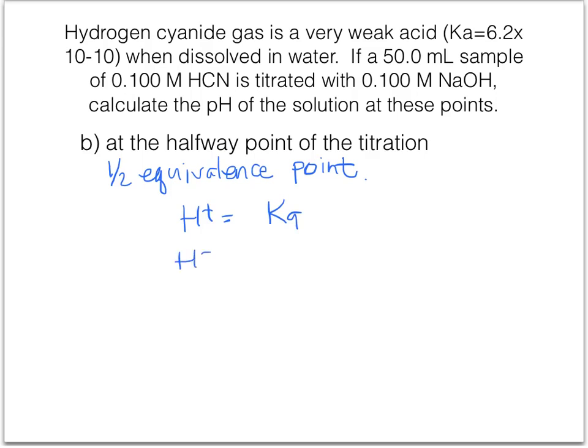So we know that the H plus is going to equal Ka at 6.2 times 10 to the negative 10. That means my pH is going to be equal to 9.21. That was easy. You could have worked it out, and if you did, you would have realized that your weak acid to weak base ratio is 1 to 1.